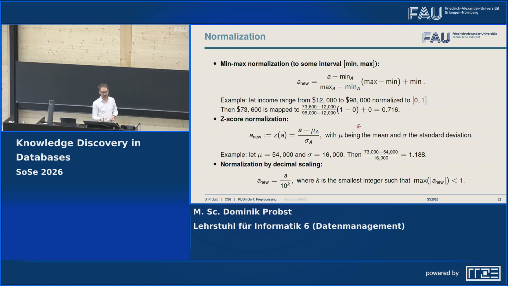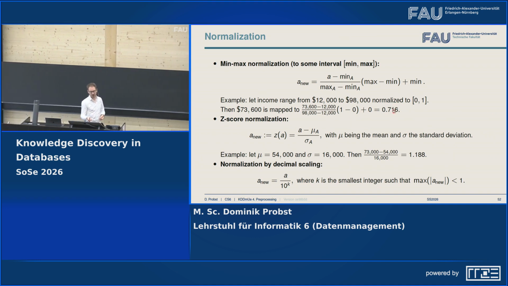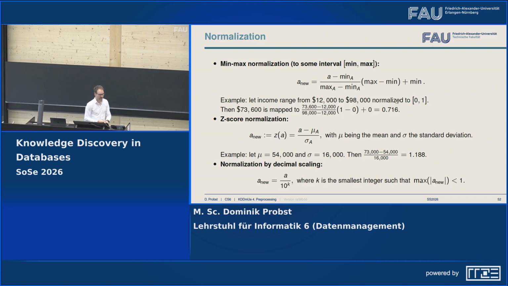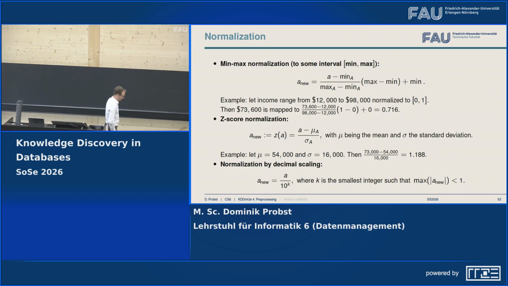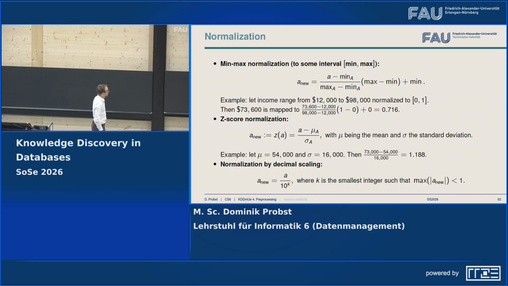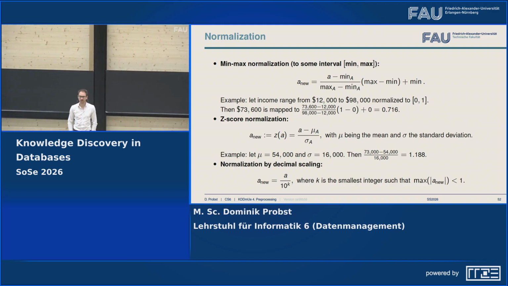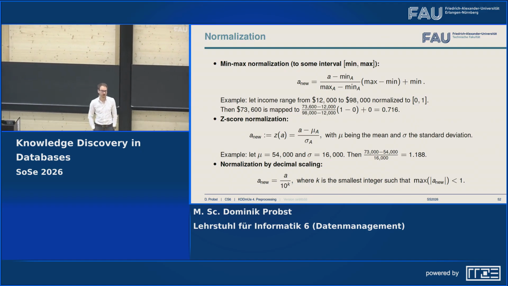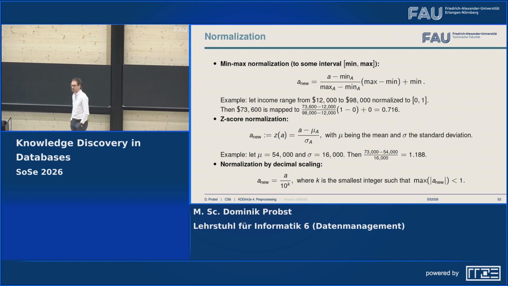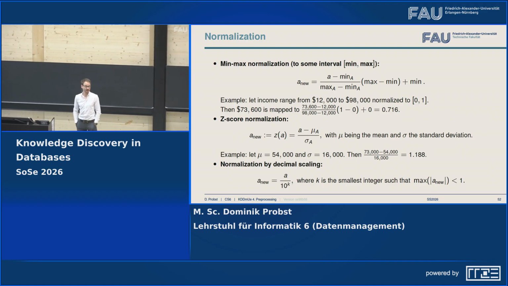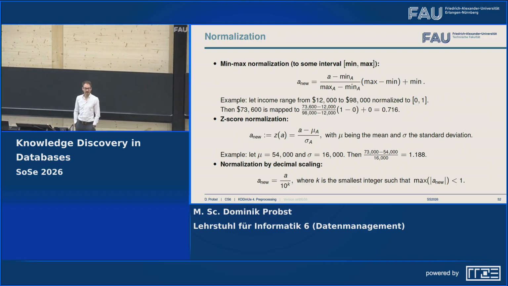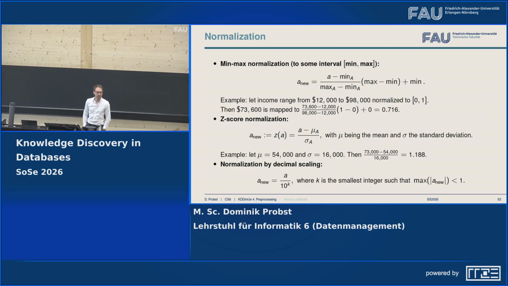And we end up at 0.716. Which is also nice, since the 0.716 is pretty much the position in the interval range, percentage-wise, where the value ends up. So the value is at 71.6% of the value range.